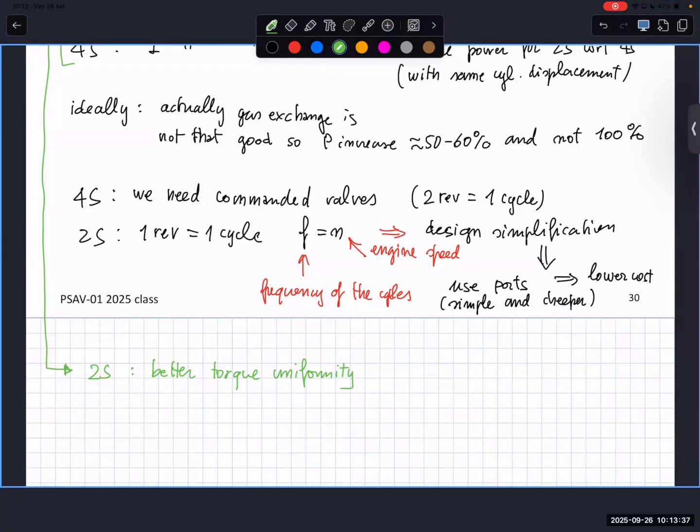That uniformity of the torque will be related to the sum of the different cylinders.